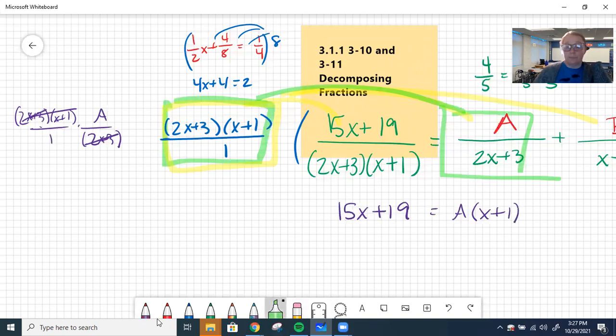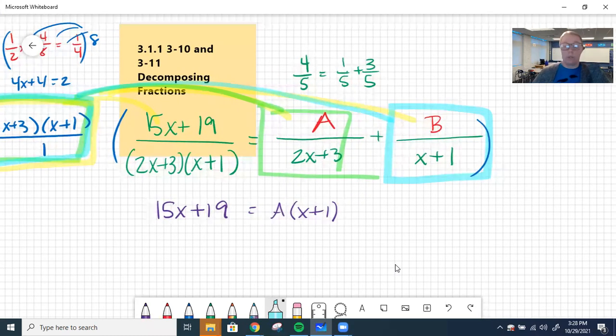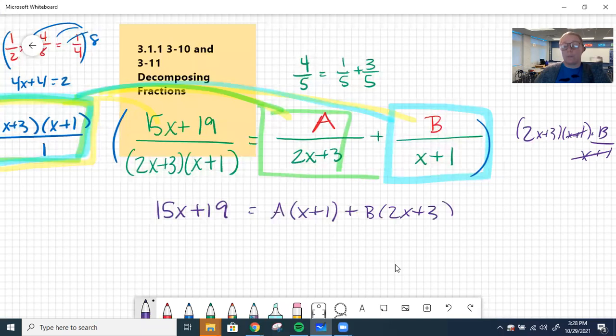Then I have to multiply this whole thing by b over x plus 1. When I do 2x plus 3 times x plus 1 times the b over x plus 1, these are gone. So now I have plus b times 2x plus 3.